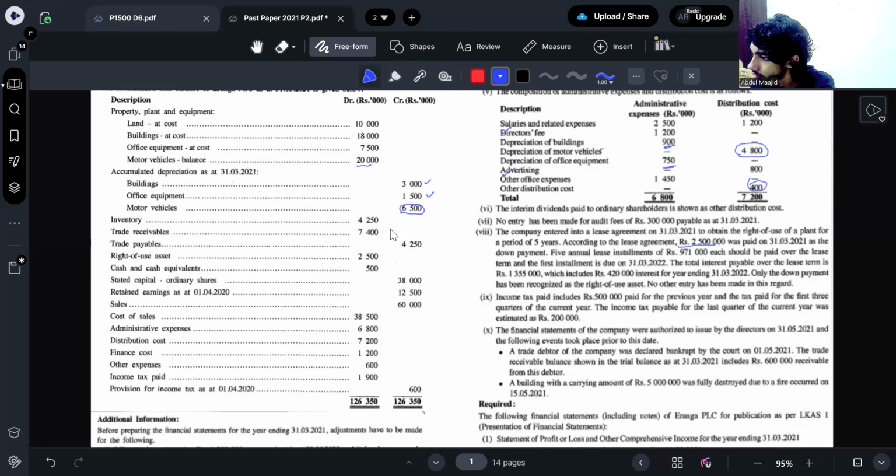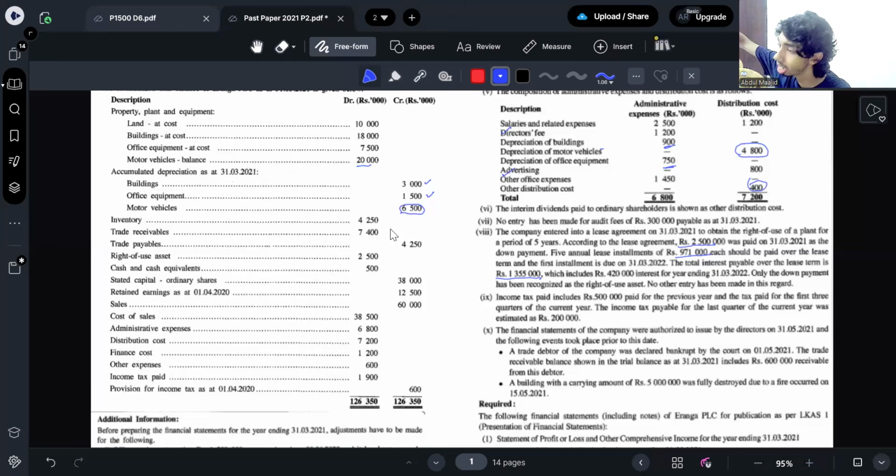5 annual lease installments of 971,000 each should be paid over the lease term, and the first installment is due on 31st March 2022. So the first installment is to be paid from next year onwards. The total interest payable over the lease term is rupees 1,355,000. So here there is a lease period of 5 years.